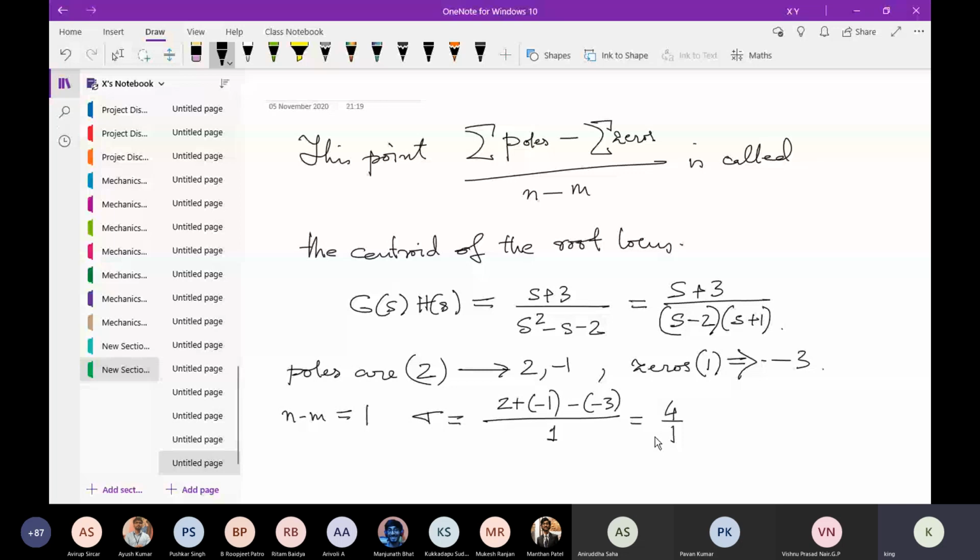it actually looks something like this. This is one branch of the root locus.